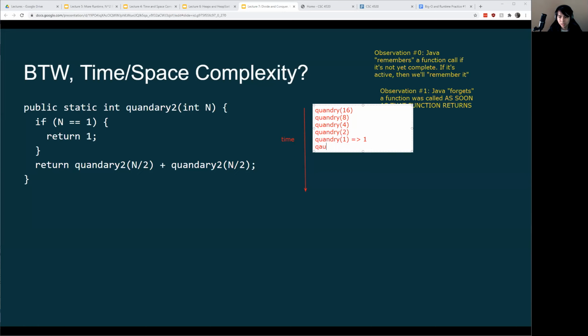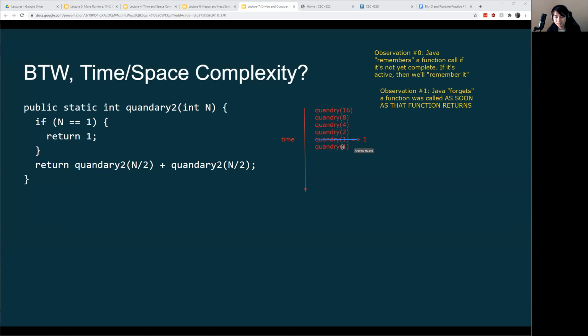So the second call here goes quandary of 1. Sorry, that should be a 1, not a 2. That's the second call that gets made. So Java goes back to remembering 1, 2, 3, 4, 5 function calls. All right, type 5 in chat if you understand so far. Java's remembering stuff. Every time you make a function call, you have to remember it.